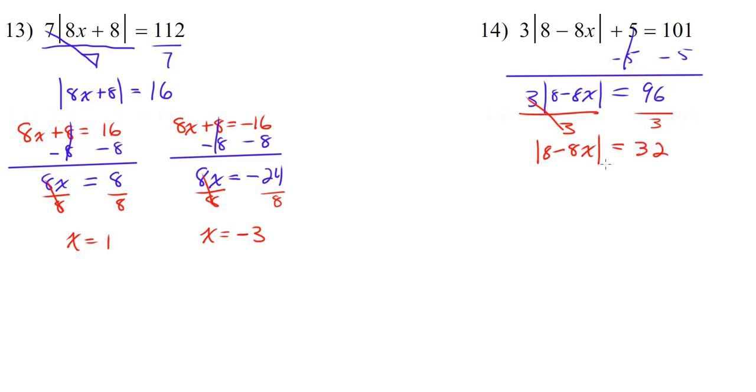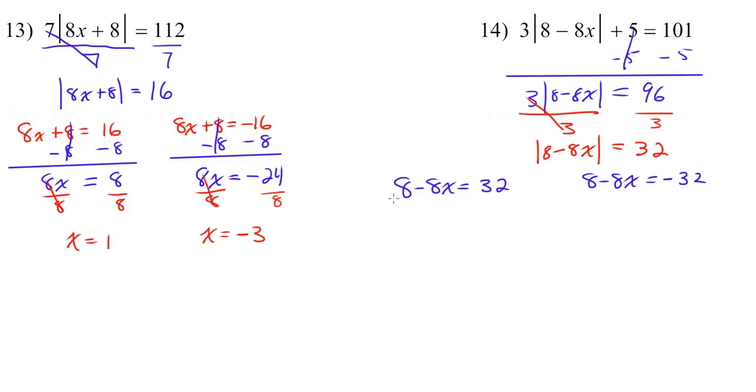Now we can write our two equations, because if the absolute value of 8 minus 8x equals 32, that means it either equals positive 32 or negative 32, and we write our two equations. So 8 minus 8x equals positive 32, and 8 minus 8x equals negative 32.